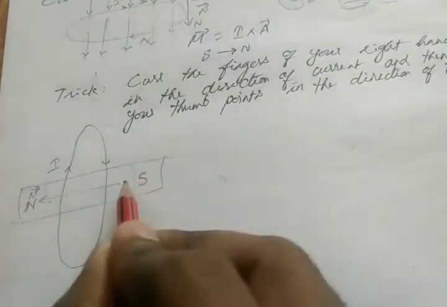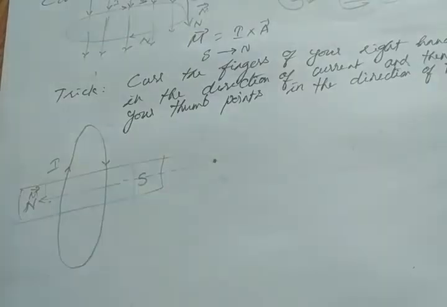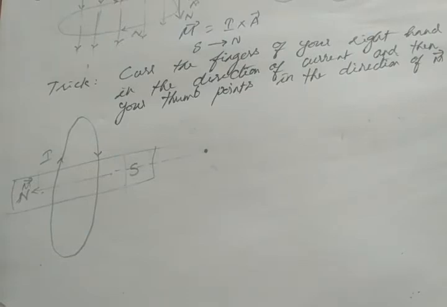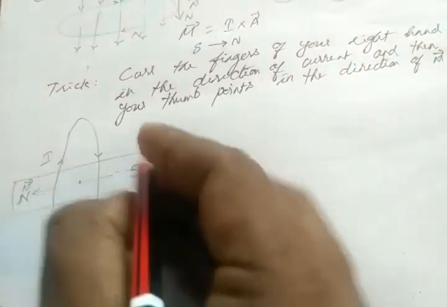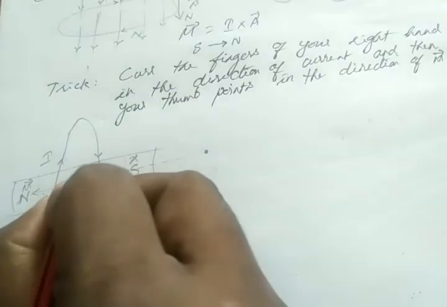Consider a point on its axis, where we have to find the magnetic field due to this current carrying loop. It is located at a distance of x from the center point, and the radius of this loop is taken as capital R.